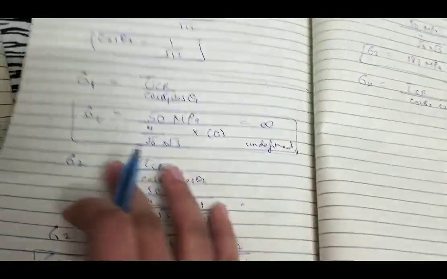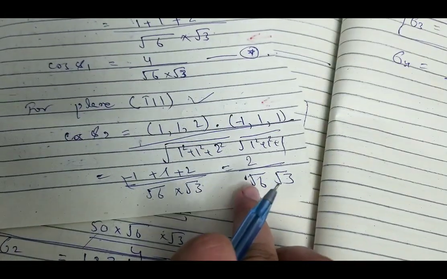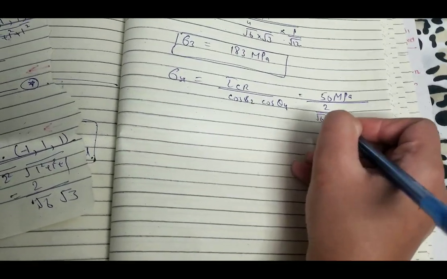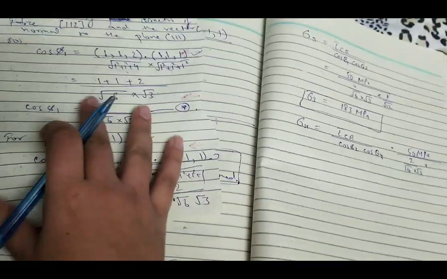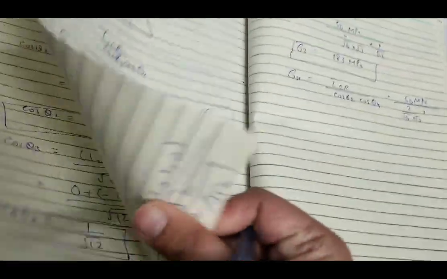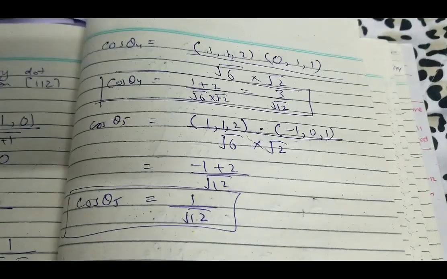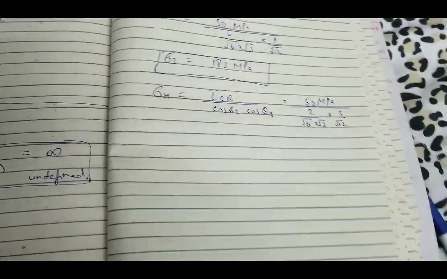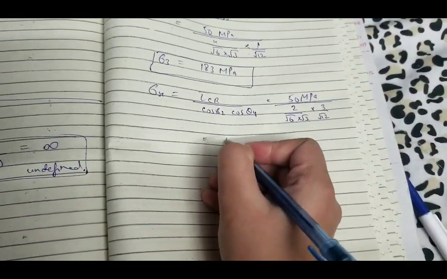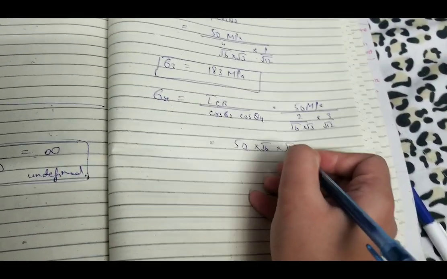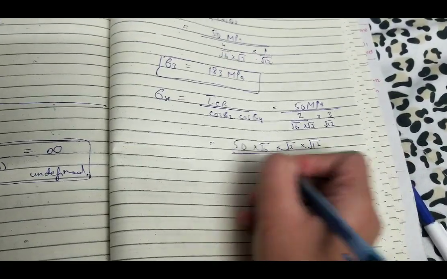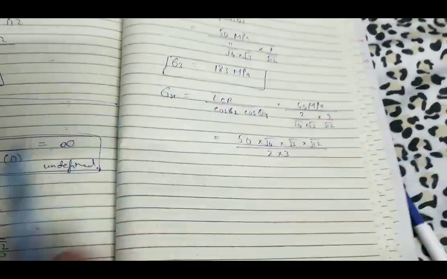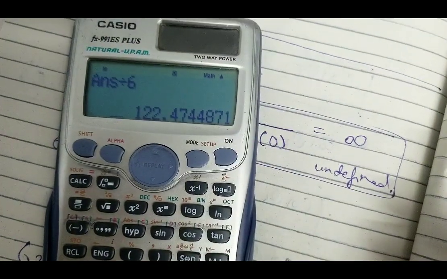Now cos phi 2 is 2 by under root 6 into under root 3, while cos theta 4 is 3 by under root 12. Let us calculate it. So the result is 122.